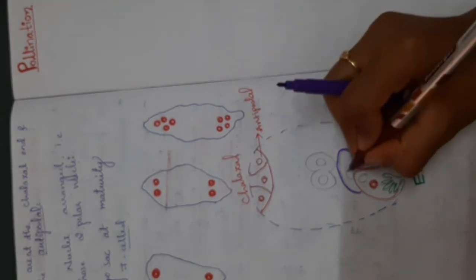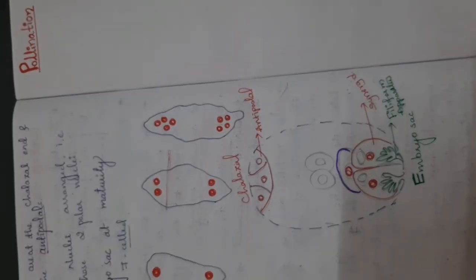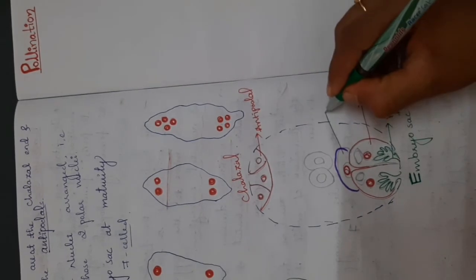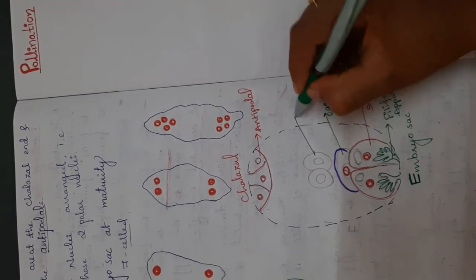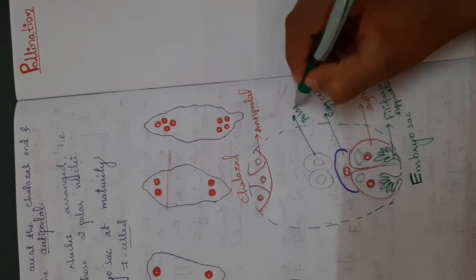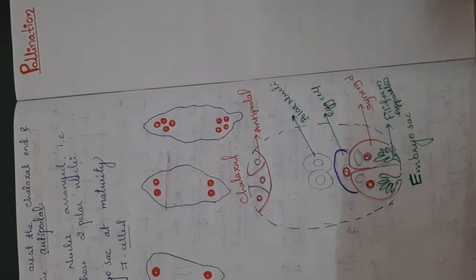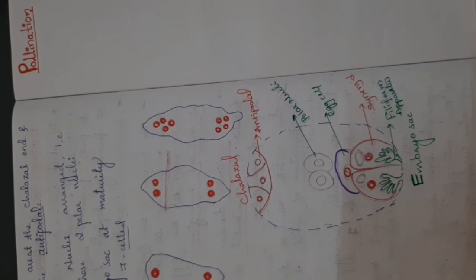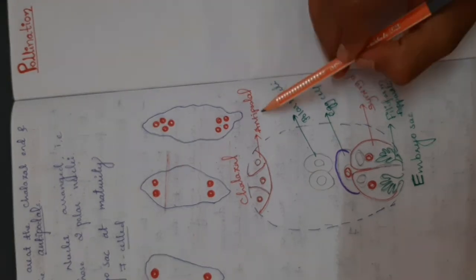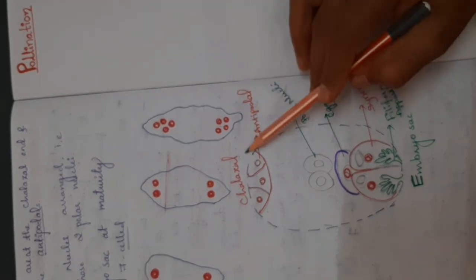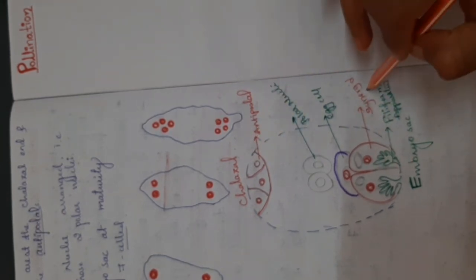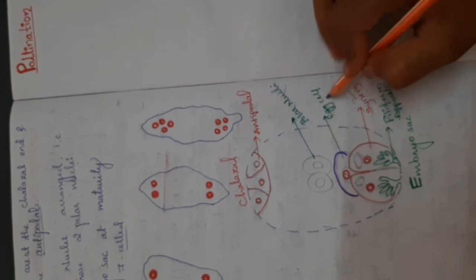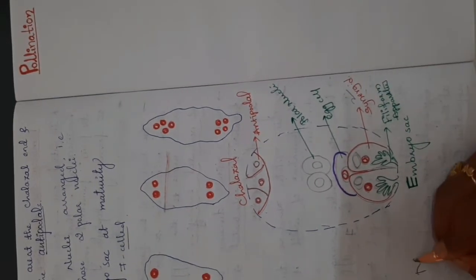Sorry, this one is a egg cell, centrally polar nuclei. Okay, here 3 antipodal cells at the chalazal end, 3 cells, 2 synergids, 1 egg cell at a micropylar end.